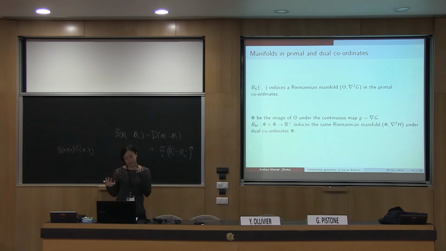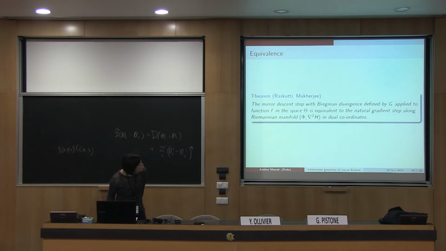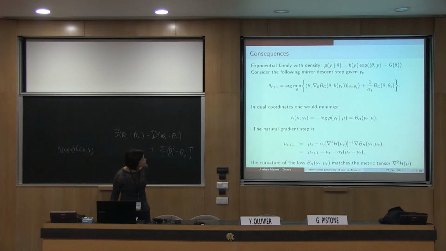This shows the equivalence between mirror descent with Bregman divergence and the natural gradient step. This is the theorem proven by Garvesh and Sayan: the mirror descent step with Bregman divergence defined by G applied to the function f in the space theta is equivalent to the natural gradient step along the Riemannian manifold in dual coordinates.